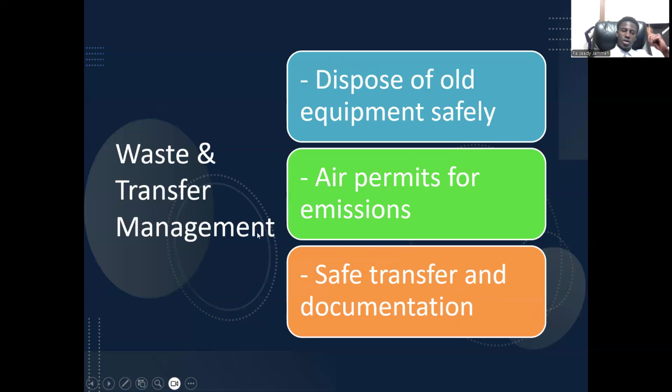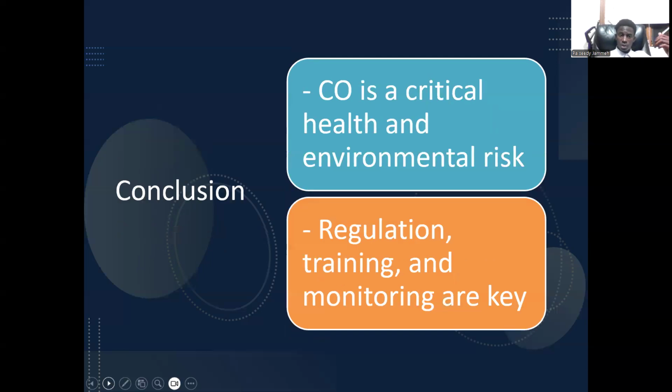Whenever there is waste disposal at facilities, they must make sure that they dispose of it safely, using proper equipment, and ensuring that the air permits for emissions are respected, so that it is not concentrated in a place where it cannot be controlled. It should be at a confinement which you can easily control. And then we have safe transfer and documentation. Every documentation needs to be put in place to ensure that these things are all regulated.